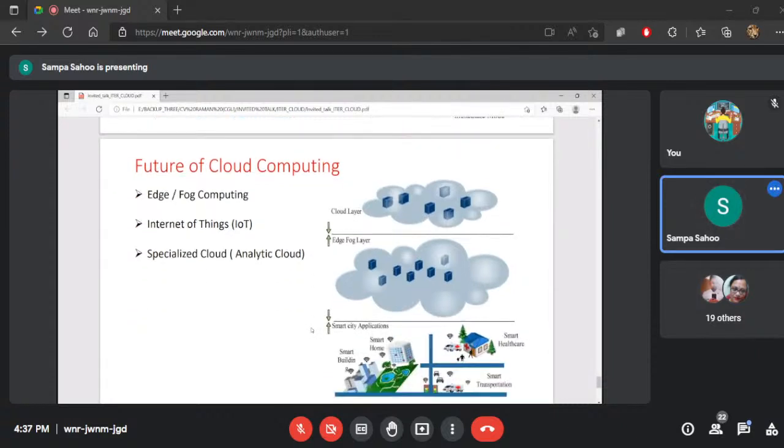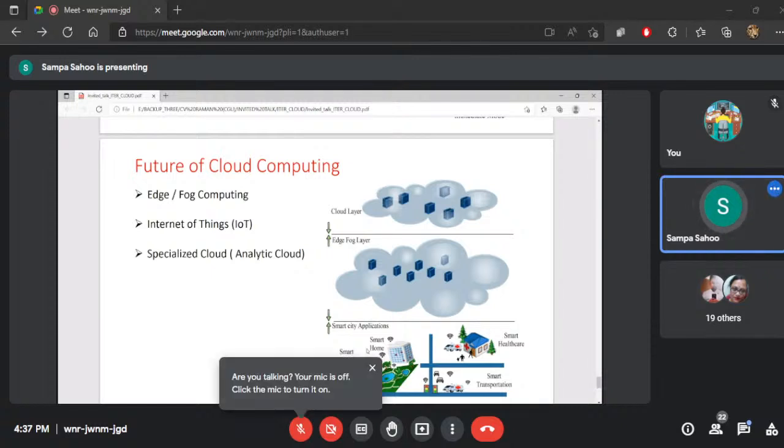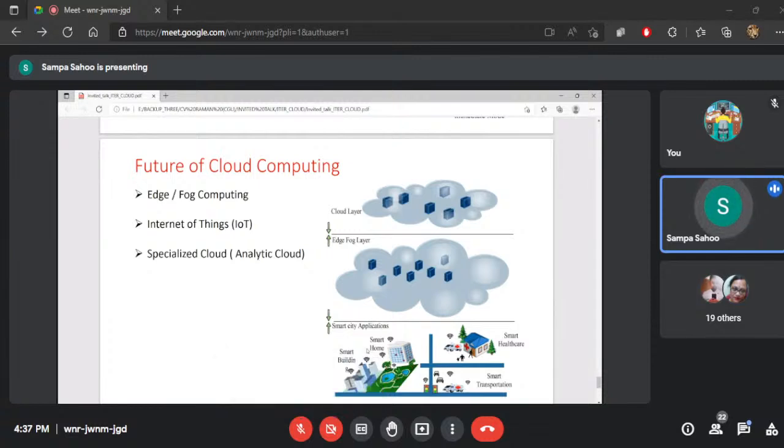So if you consider the future of cloud computing, it has a bright future. Nowadays, instead of cloud computing, edge computing and fog computing are mostly considered. The reason is that compared to cloud computing, in edge or fog computing the servers are near to the data source.